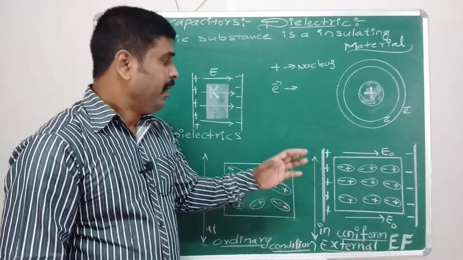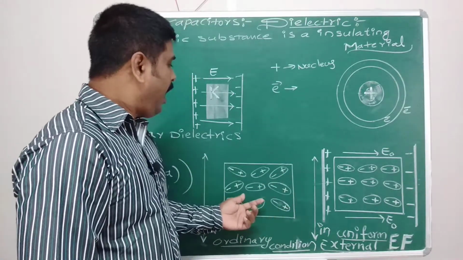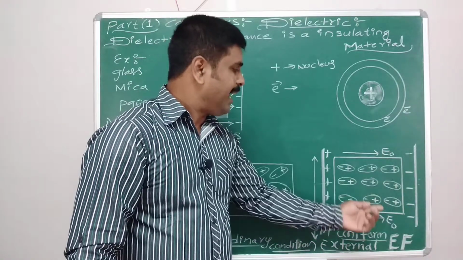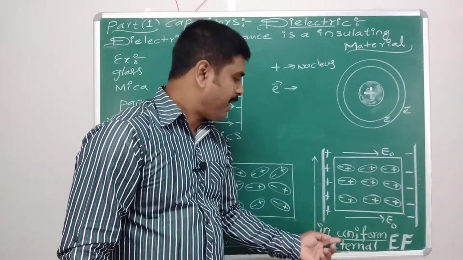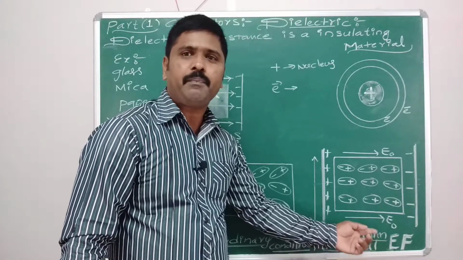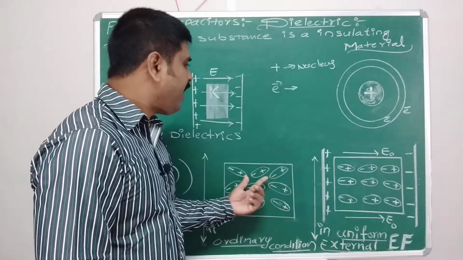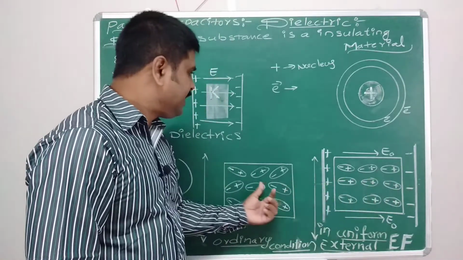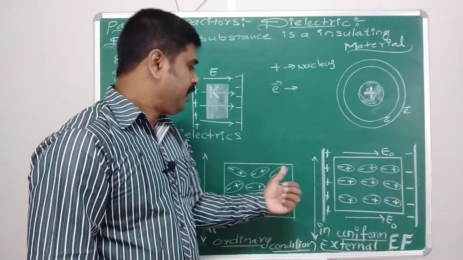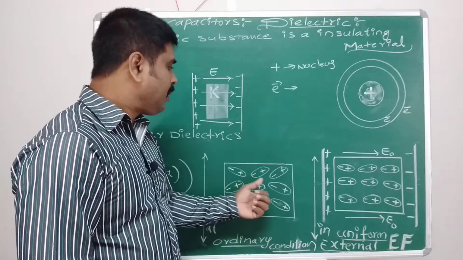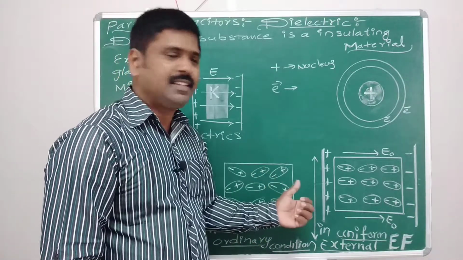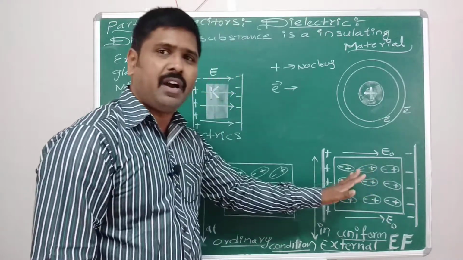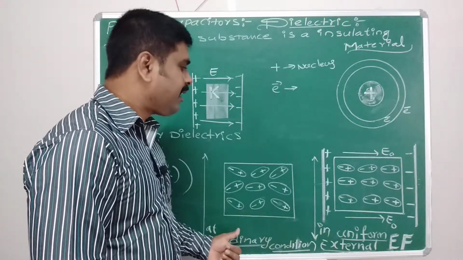Whenever the polar dielectric substance is placed in a uniform external electric field, the dipoles align in the direction of the electric field. There is a small difference in the dipoles in the molecules of the substance; here the negative and positive ends are clearly in one order compared to the ordinary condition.